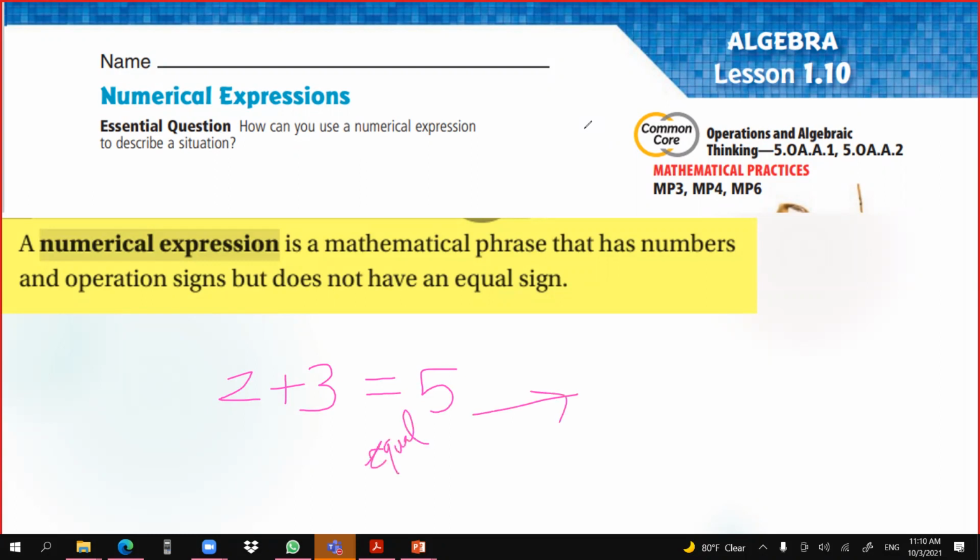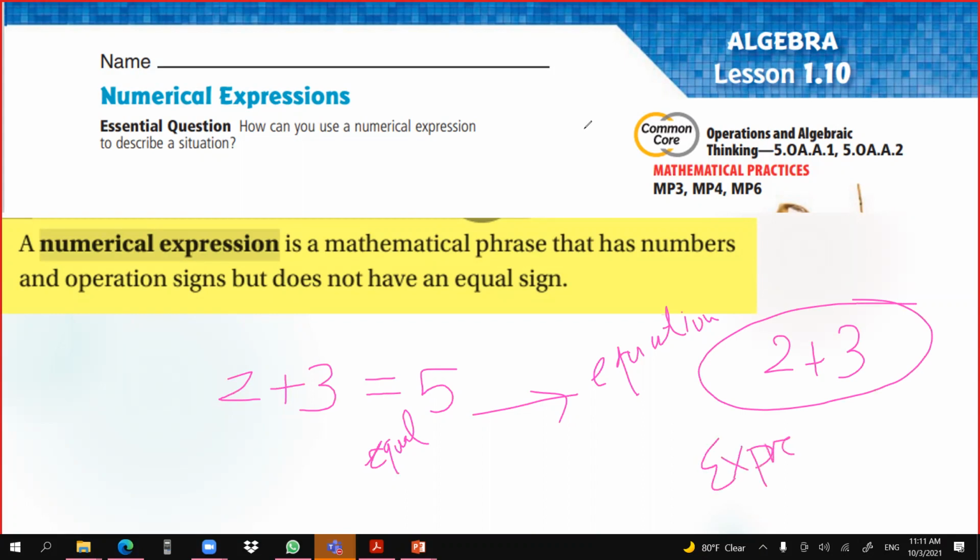So this one, we name it an equation because it has an equal sign. But if you have 2 plus 3 without the equal sign and without the answer, this one we call an expression.